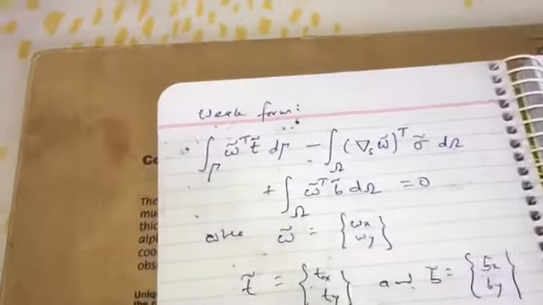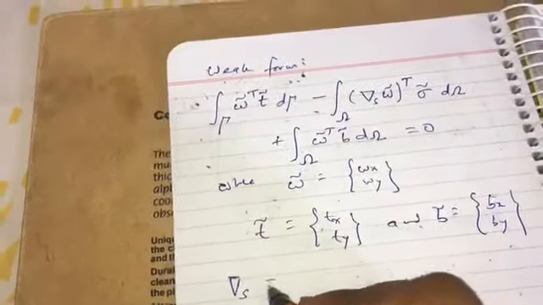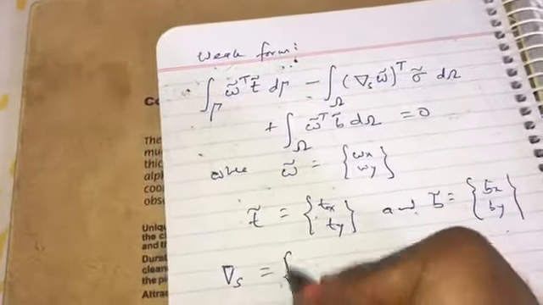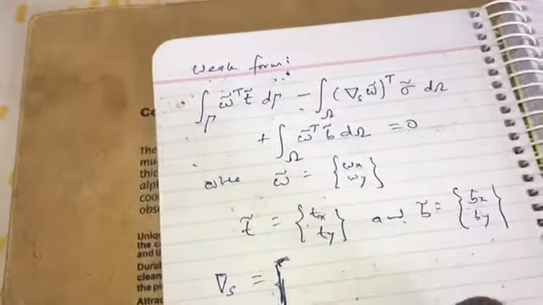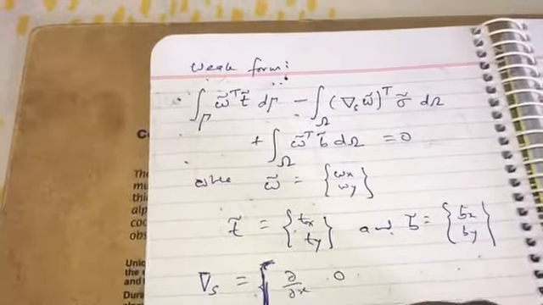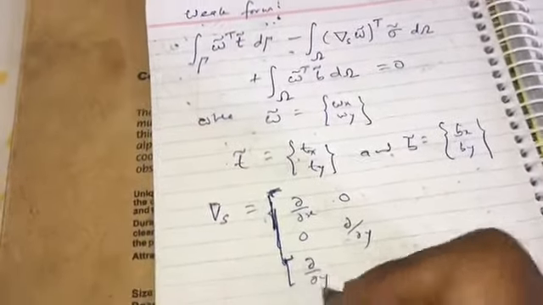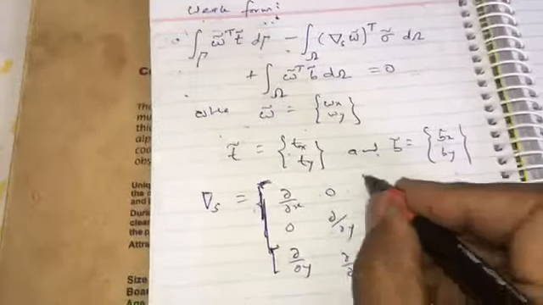This del S is an operator matrix which has del over del x 0, 0, del over del y, and del over del y, del over del x.